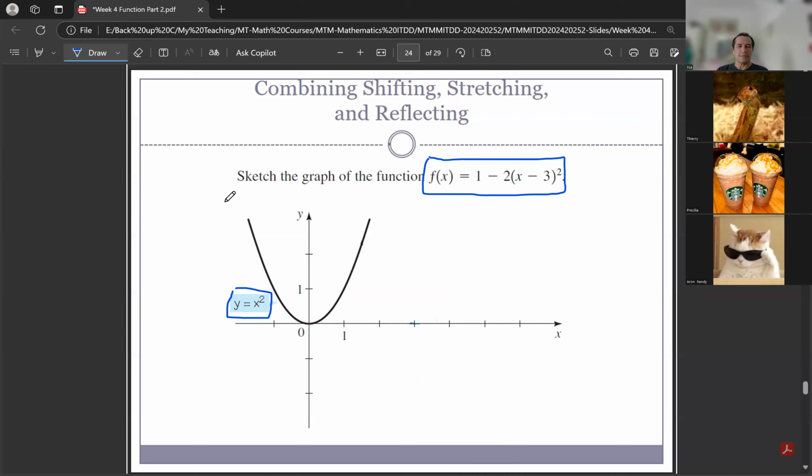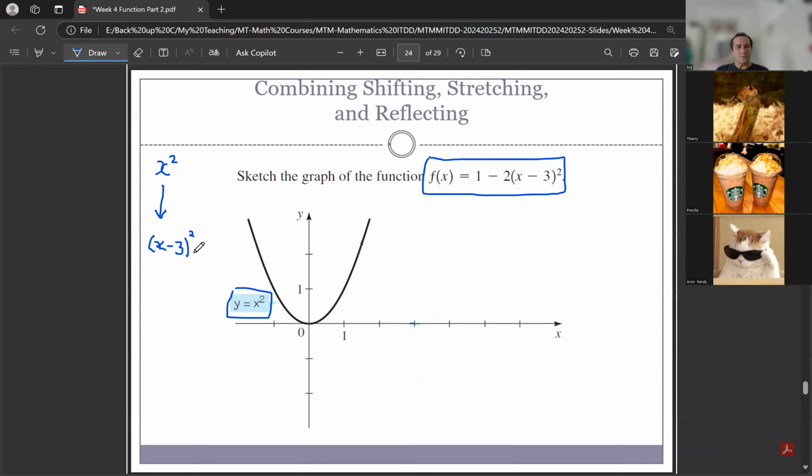For example, in this one, the original is x squared like this. After that, we must replace x by x minus 3. So we have (x minus 3) squared. So replace x by x minus 3.